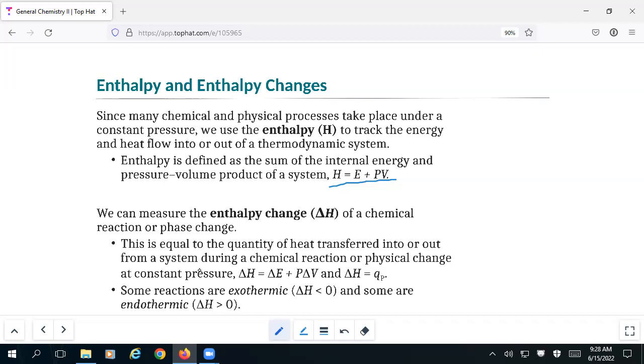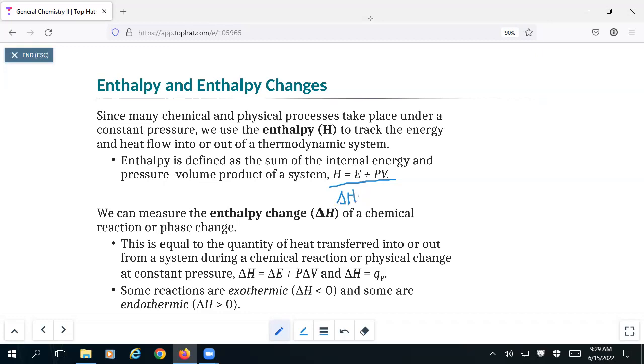So from now on, when we talk about enthalpy, what we're really going to be talking about is the change in enthalpy. So if you hear me refer to the enthalpy of a reaction or the enthalpy of a system, we're not talking about how much energy that system has at that moment in time. We're talking about how much has its energy changed as we are looking at it.